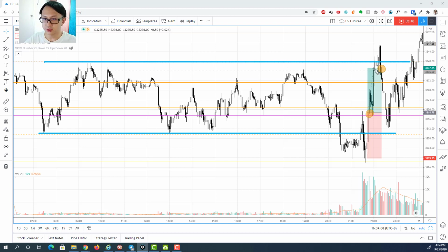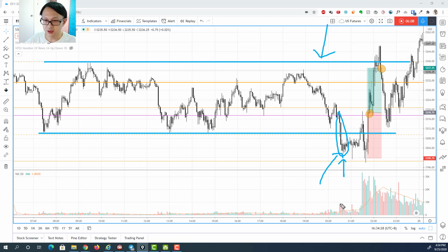This is the exact trading range that I based the setup on. Prior to the opening, we saw first a false breakout here, but I did not take this trade because it was just triggered by the initial jobless claims news right here.